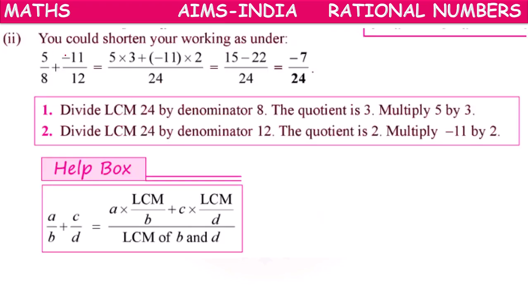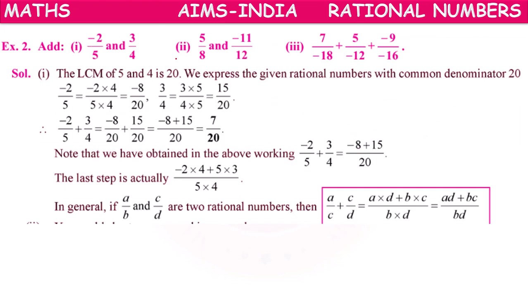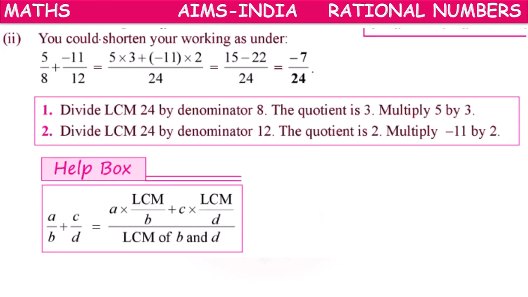Next, children. Suppose 5 by 8 minus 11 by 12 is there. So how can we write? The LCM of 8 and 12, how much? 24.